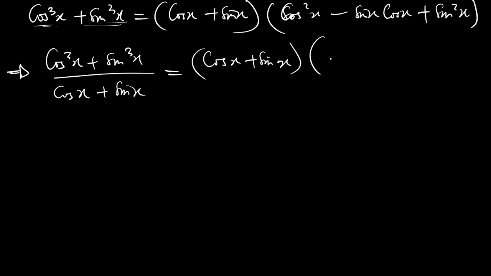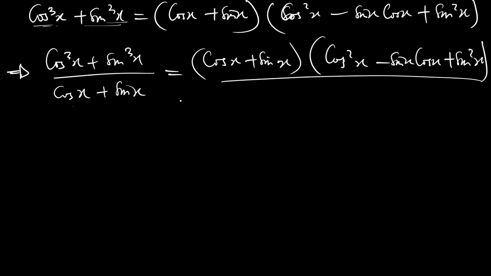So cos square x minus sine x cos x plus sine square x, divided by cos x plus sine x. If you see, cos x plus sine x is common to both the denominator and the numerator, so we'll cancel it out.